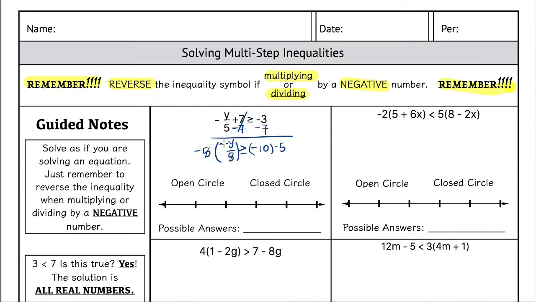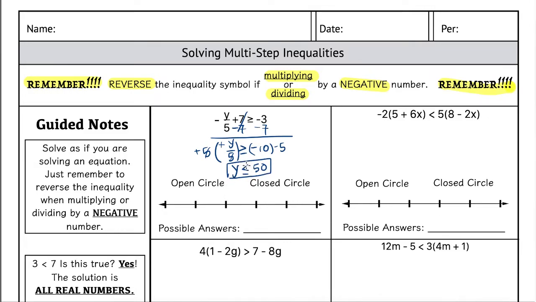That's going to be 1y. So now I'm multiplying by a negative number. Because I'm multiplying by a negative number here, I have to reverse my inequality. It's reversed. That's equal to 50. My answer: y is less than or equal to 50.